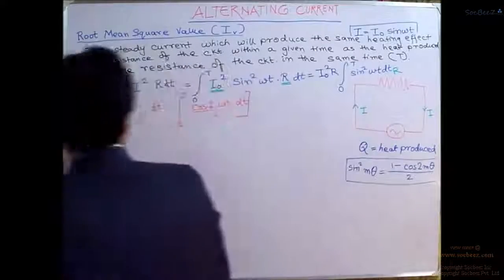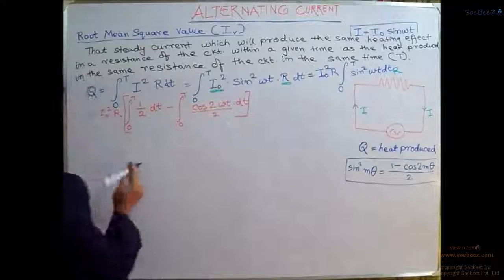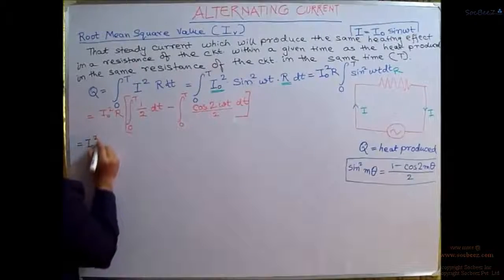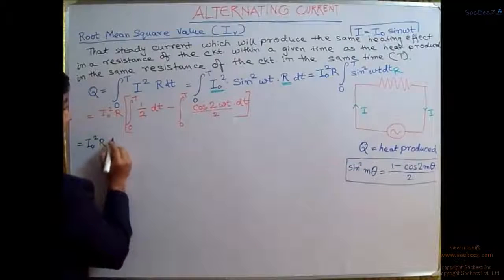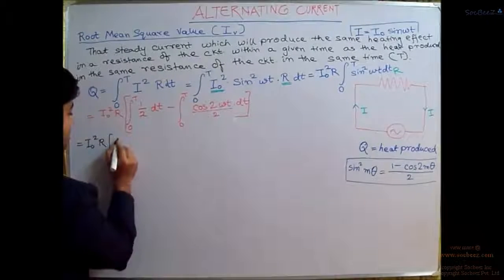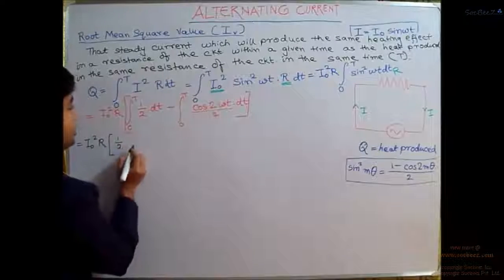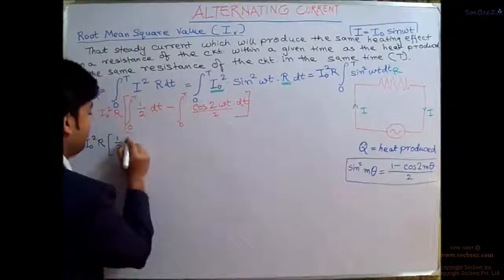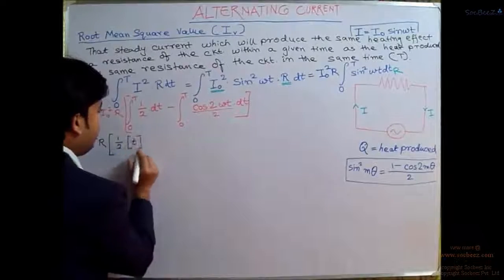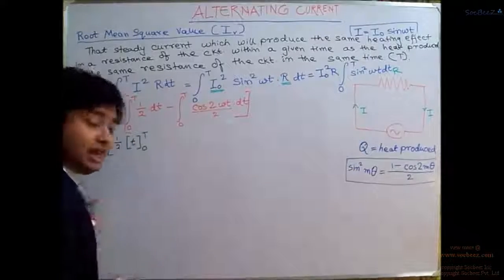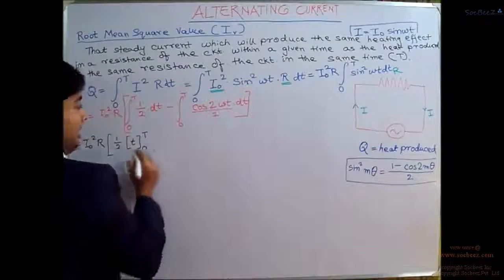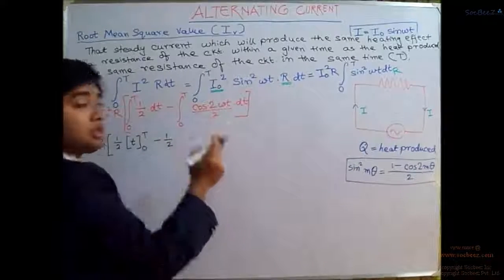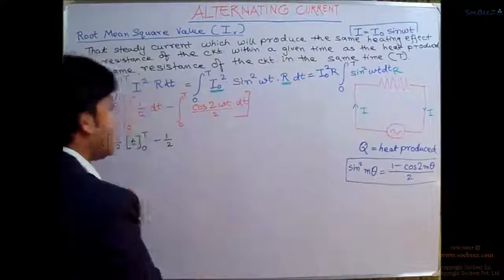Now if we perform the integration, it will come out to be I naught square R multiplied by 1 divided by 2, the integration of dt, which is t, from 0 to capital T. And this will be minus 1 by 2; this 2 is a constant, it will come outside on the denominator side.